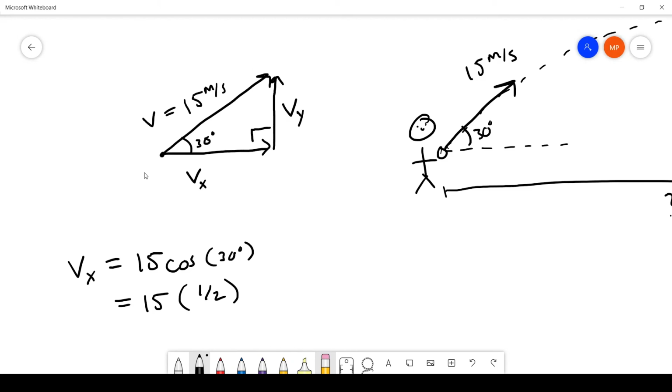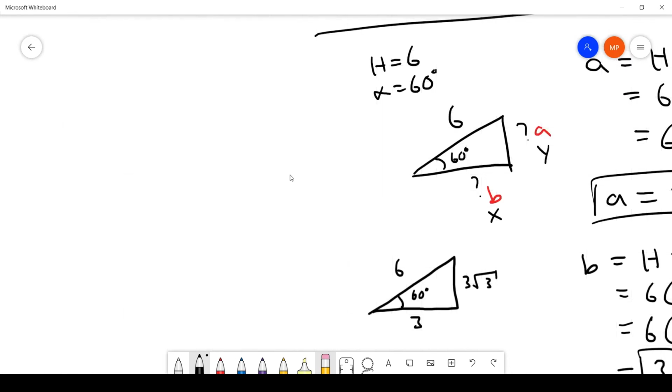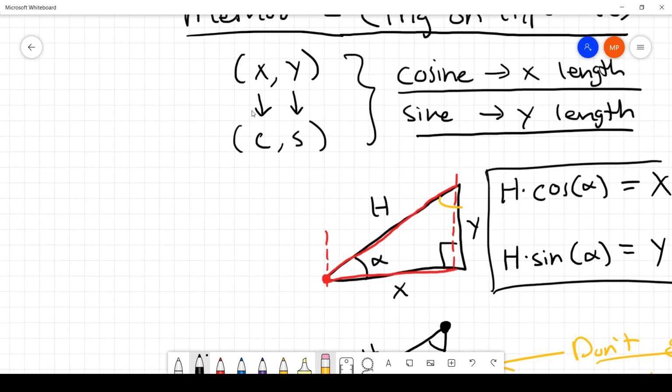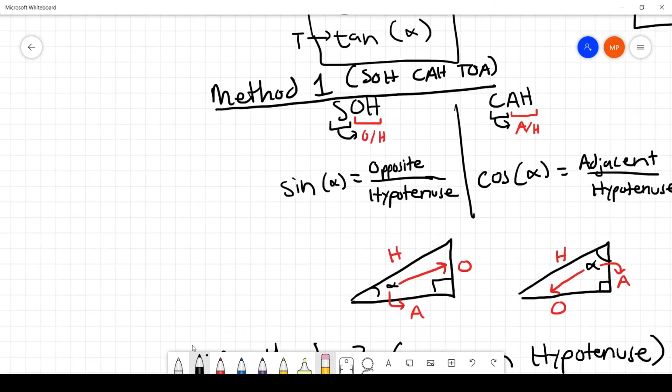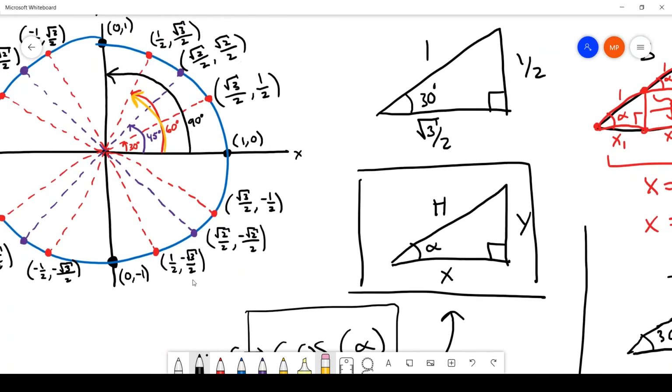I think it should actually be root 3 over 2. Let me just make sure. Yeah, it's root 3 over 2.